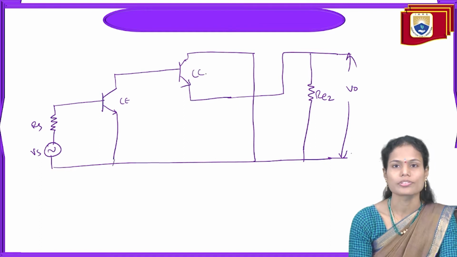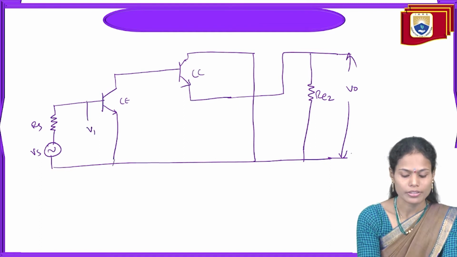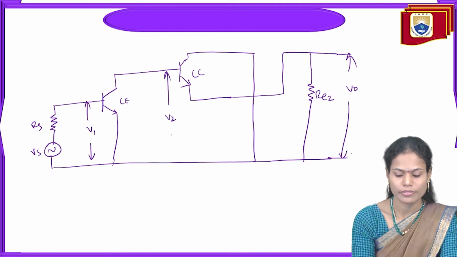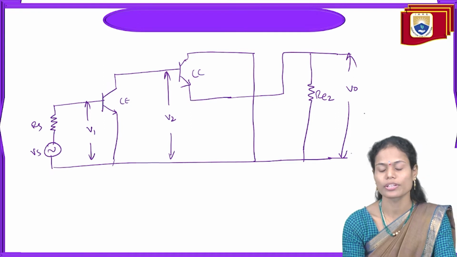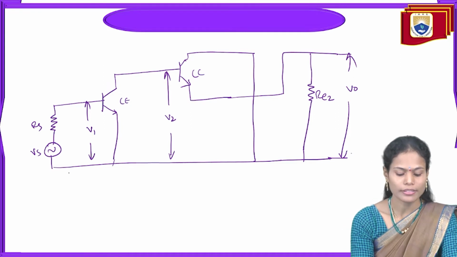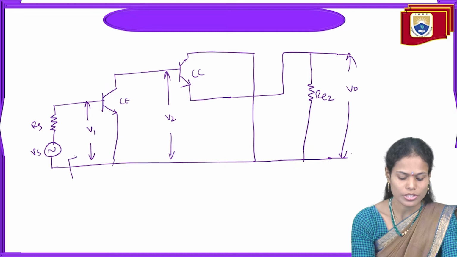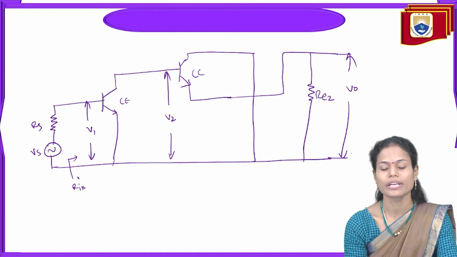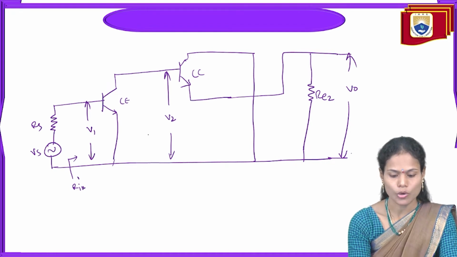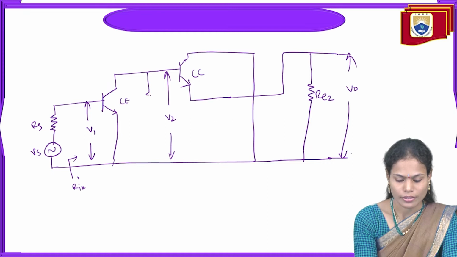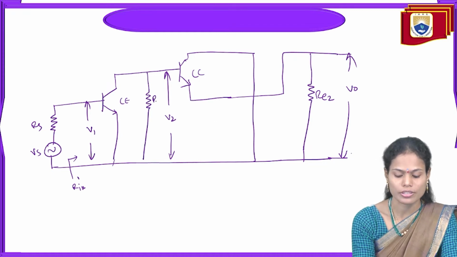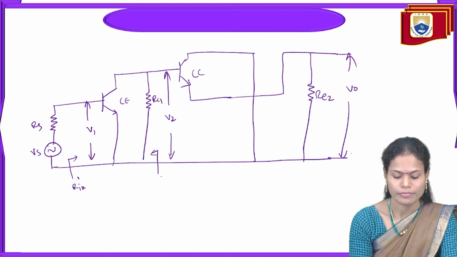This is the CC stage, and the input applied for this is V1, and the input applied for this is V2, and the output voltage is V0 here. And the input impedance of the first stage, I am taking here as RA1 or RA dash, the overall input impedance of the first stage, and the output impedance we will measure across the output of the first transistor, that is across RC1.